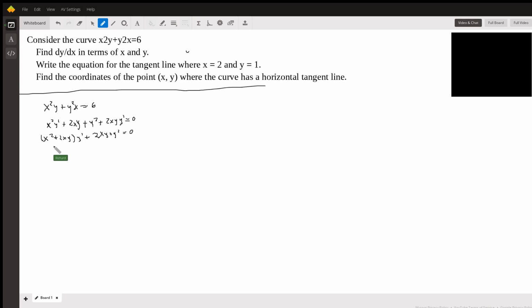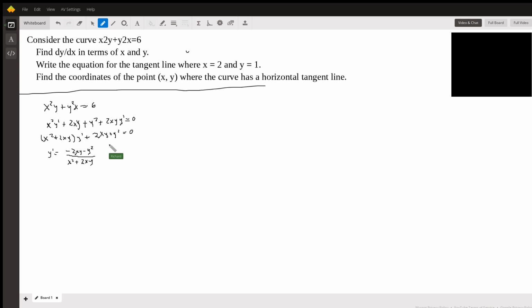Now we're going to move everything over and solve for y prime. So you move this term over, you're going to get negative 2xy minus y squared over x squared plus 2xy.